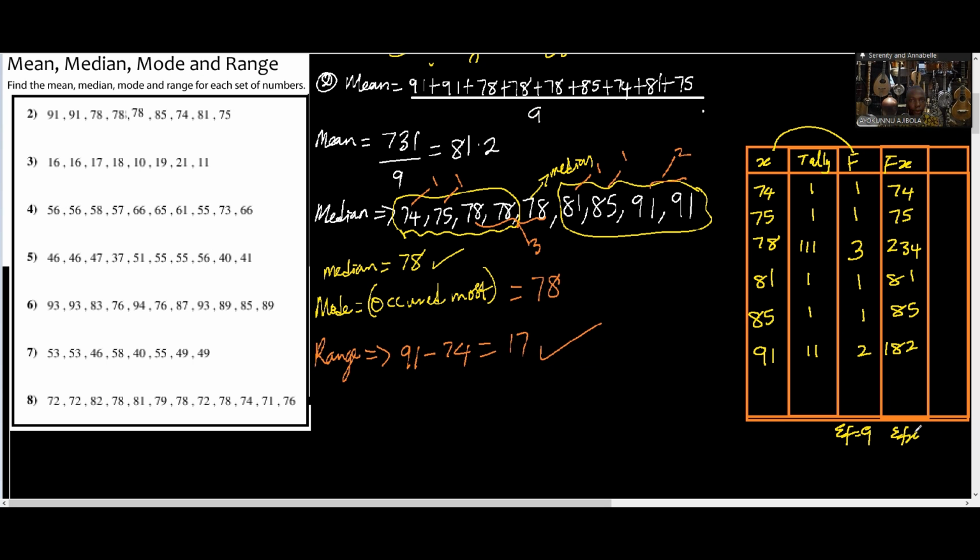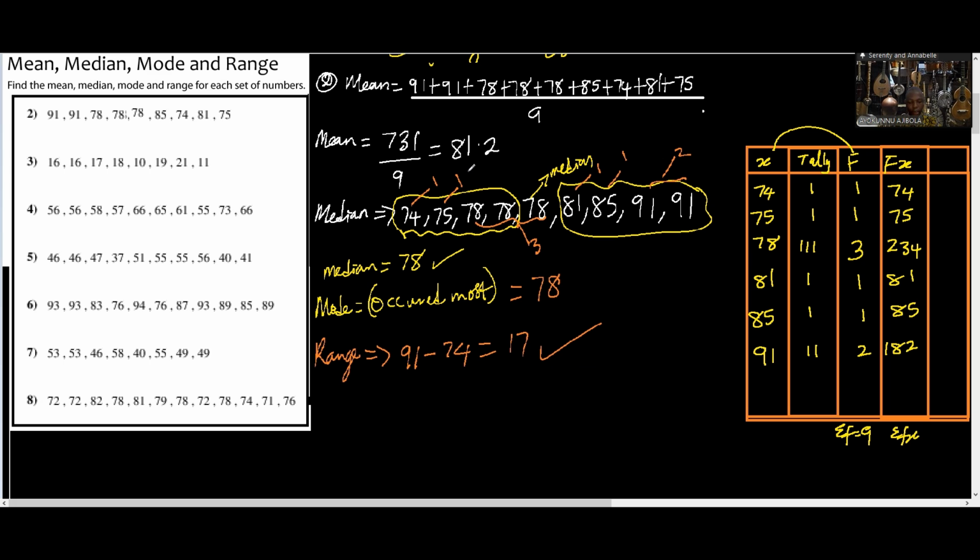And this other column, we're going to add 74 plus 75 plus 234 plus 81 plus 85 and plus 182, which is supposed to give me, wait, I think maybe something was wrong with that first calculation. Let me see, because this isn't giving me the same result.